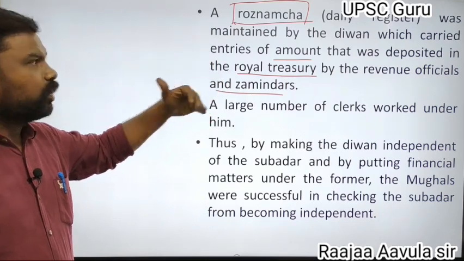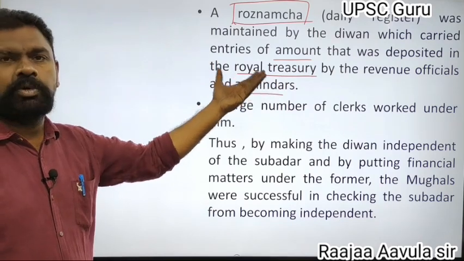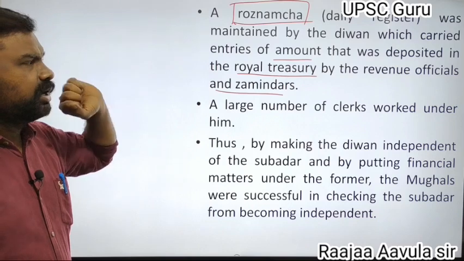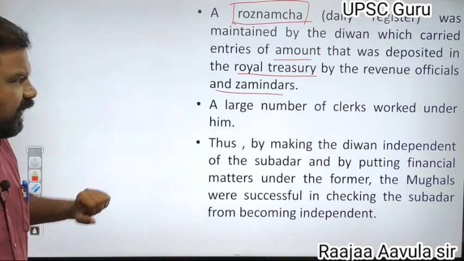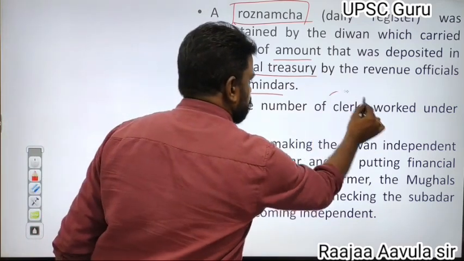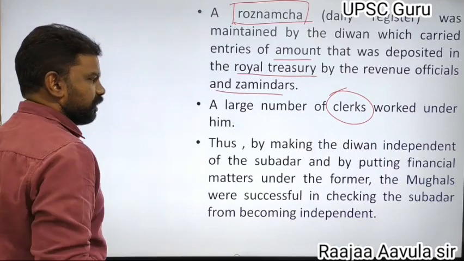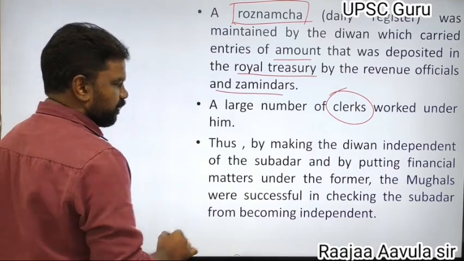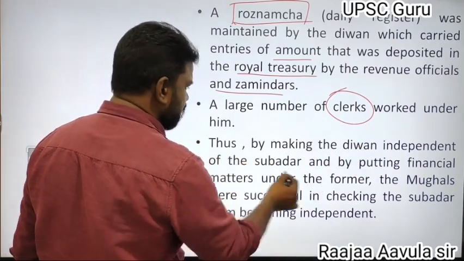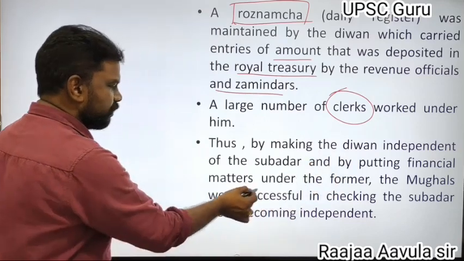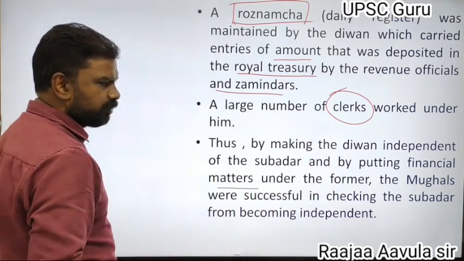Whatever they collected and deposited was recorded by the Diwan. A large number of clerks worked under the Diwan. This made the Diwan independent of the Subedar and kept financial matters separate.